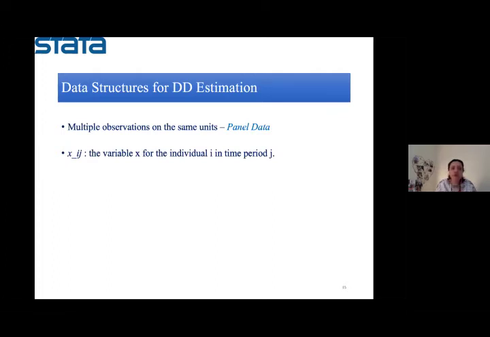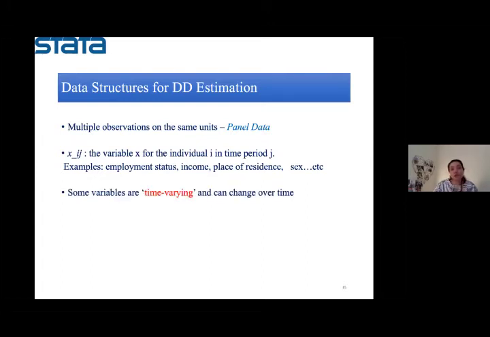So we need to have x's for individual i in period g, because our panel has these two indices, and this can be any variable that you think would affect your outcome of interest. So if it's income, women's decision power within the household, or children's nutrition status, all variables that can affect these outcomes, you will include in your regression.